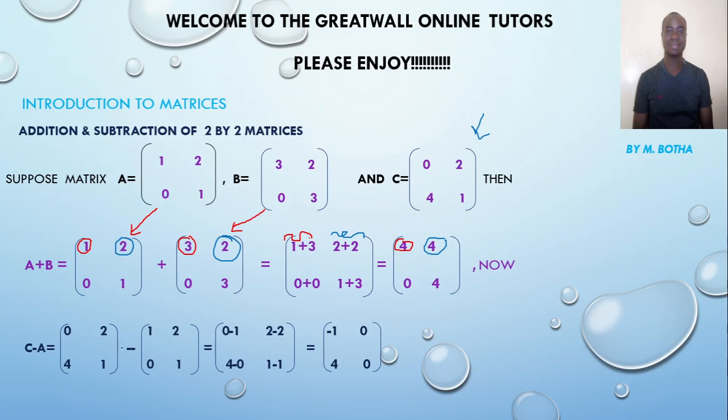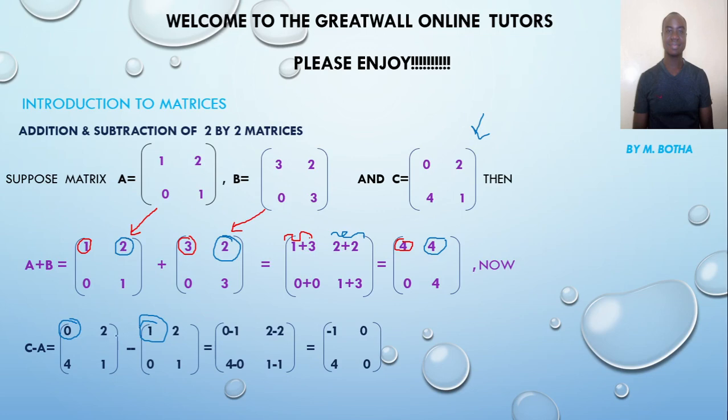So now let's start subtracting. Again, subtraction of 2 by 2 matrices is direct, just like addition. So you subtract the first element in the first row of the second matrix from the first element in the first row of the first matrix.